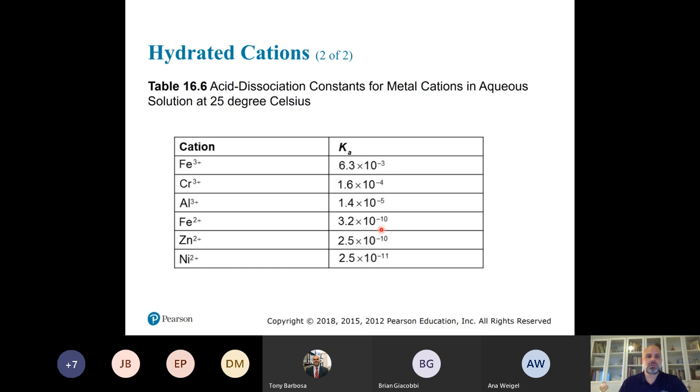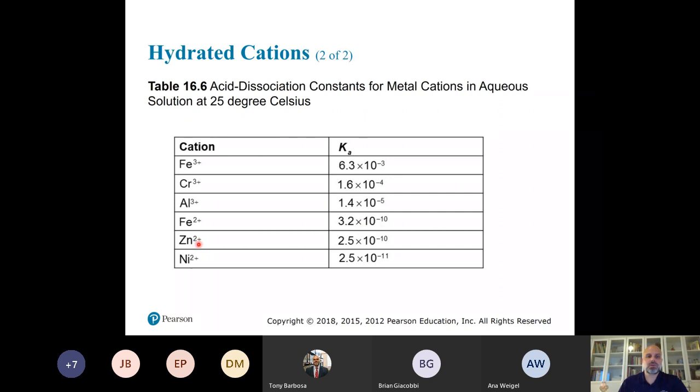Iron 2+, I find this interesting, is actually weaker. And think about what this means: you have a smaller charge. A smaller charge is going to be less attractive towards the hydrated water molecules, and it ends up having an overall weaker acidity.